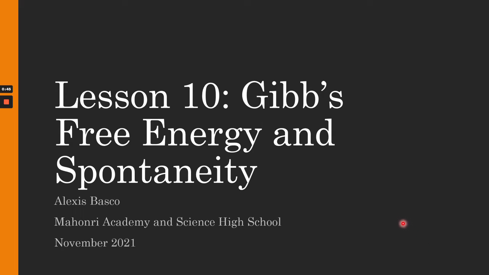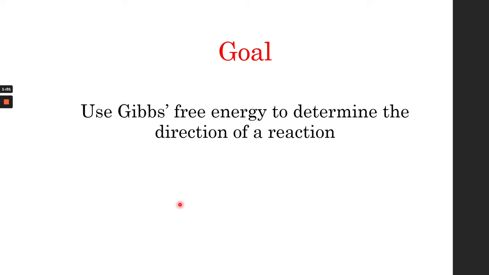By being able to identify the Gibbs free energy of a reaction or a process, we can identify its spontaneity. So the goal of today's lesson is to use Gibbs free energy to determine the direction of a reaction.